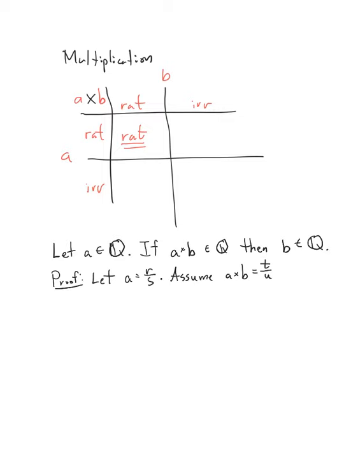Let me just be a little careful, but not too careful. Let's say for appropriate r, s, t, and u, so they're integers, and your denominators aren't 0.